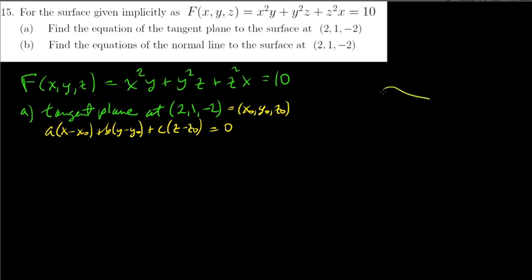When you have your surface in space at a given point, the tangent plane will have the same normal vector as the gradient of capital F. So we can use the gradient of F as our normal vector n. So let's just take the gradient.